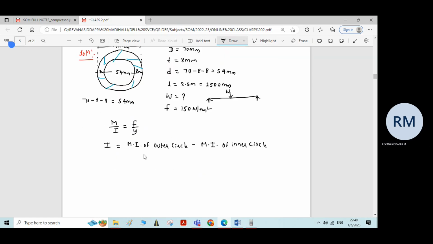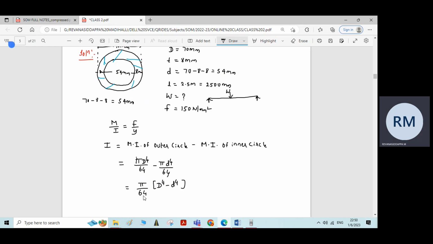The moment of inertia of the circle formula is pi d raised to 4 by 64. So pi D raised to 4 by 64 minus pi into small d raised to 4 by 64. So pi by 64, if you take common, it will be D raised to 4 minus small d raised to 4.